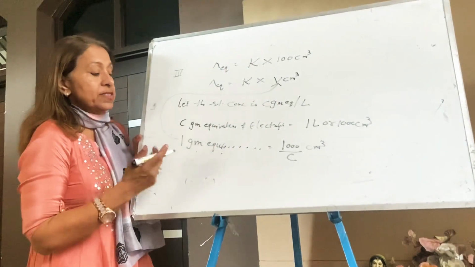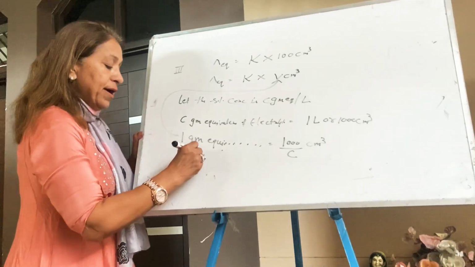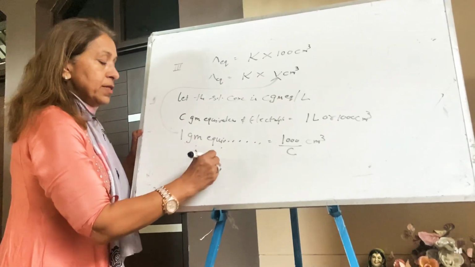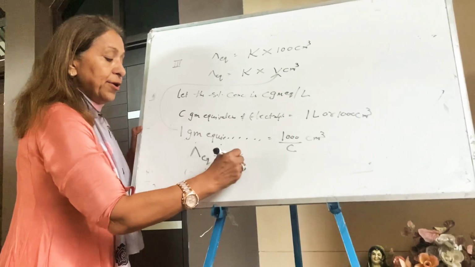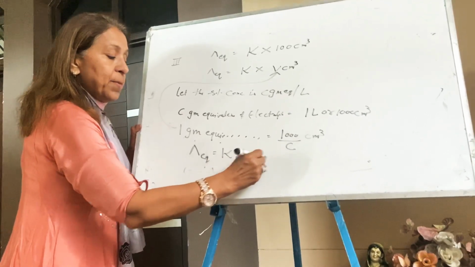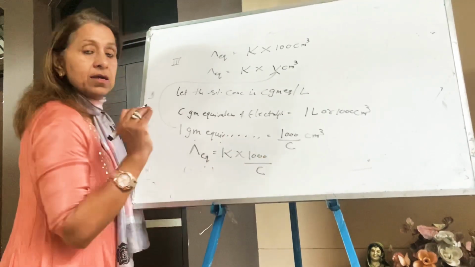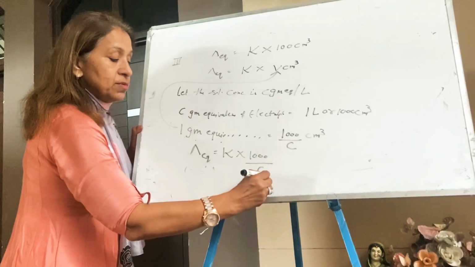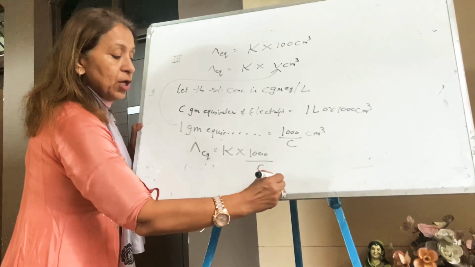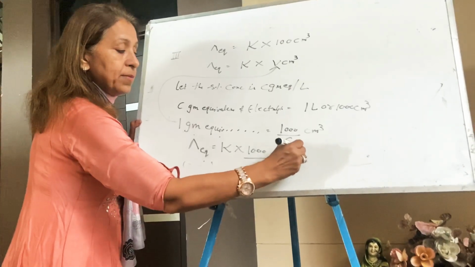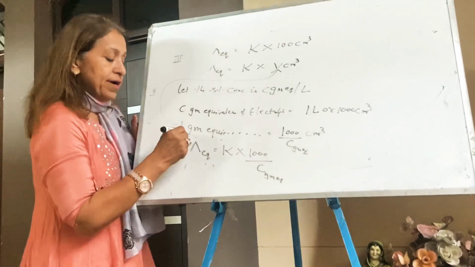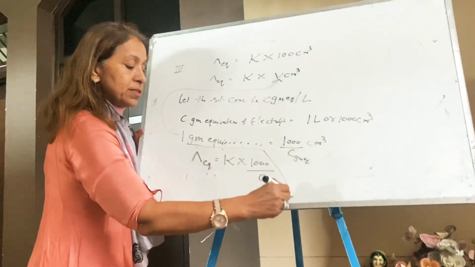Okay, now your answer becomes lambda EQ is equal to K into 1000 by C gram equivalent. So equivalent conductance, round it off, there are a lot of numericals.